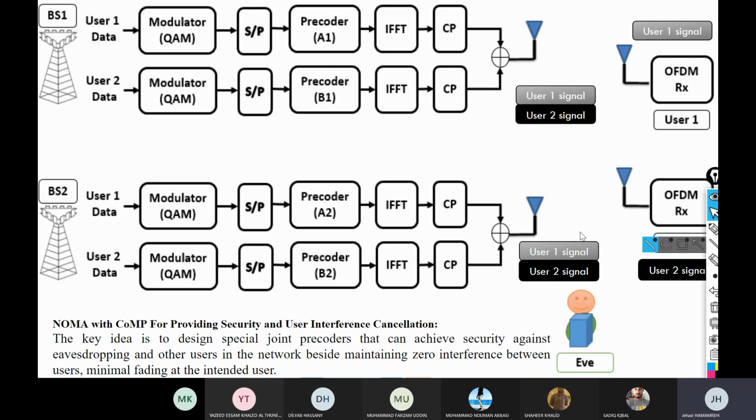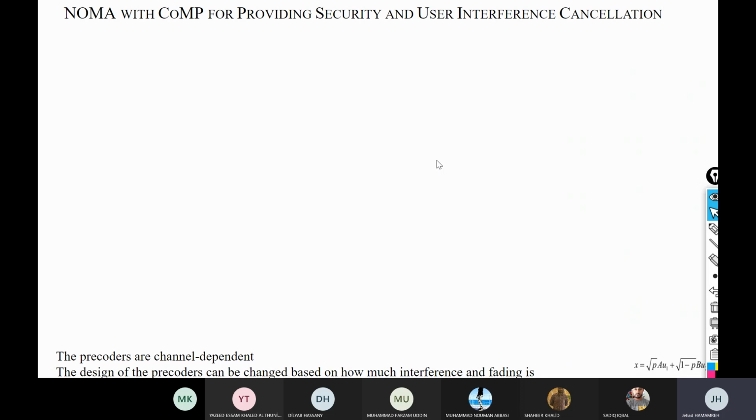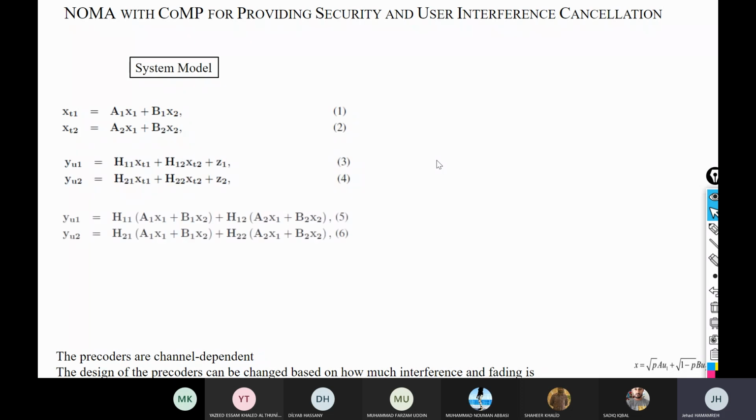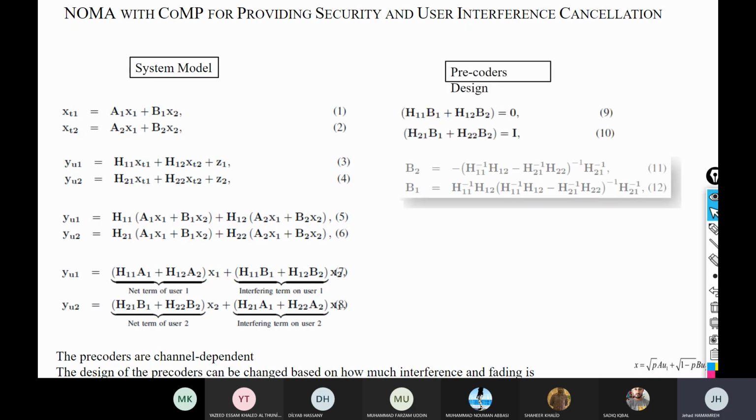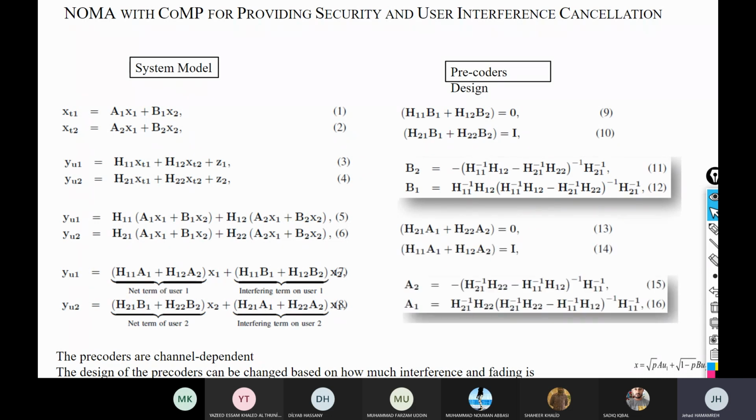And this is the math for the technique that I just mentioned: how to design it, what the precoders' values are, and how to properly add, align and calculate them, ending up with precoder values that make sure only the legitimate receivers get their own signals, without allowing Eve or other users to get each other's signals.